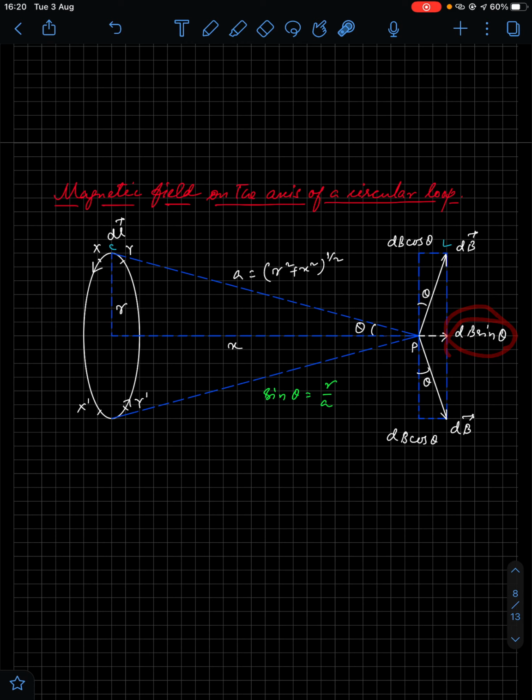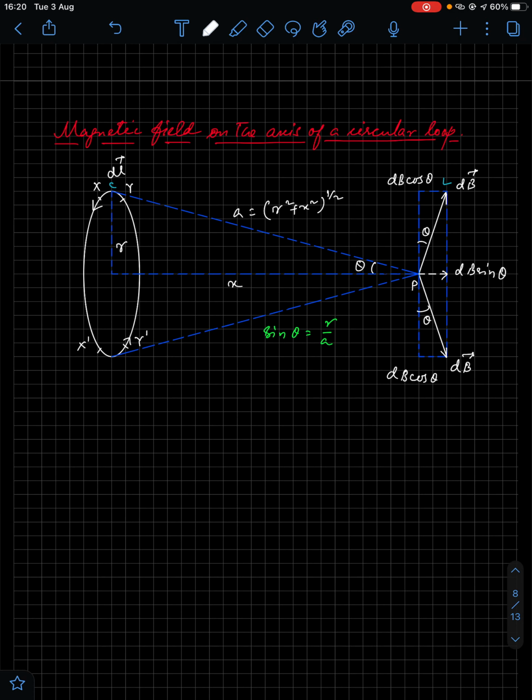For the total magnetic field, all the dB sin theta will add up. Therefore we can say that the magnetic field at the point P due to XY is dB is equal to mu naught I dl.